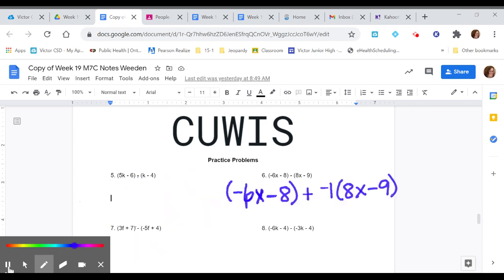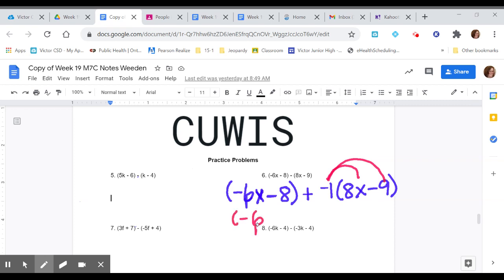So I've rewritten number 6. Instead of minus this set of parentheses, I did plus a -1. So now we're going to distribute that -1. The -6x minus 8 remains unchanged.